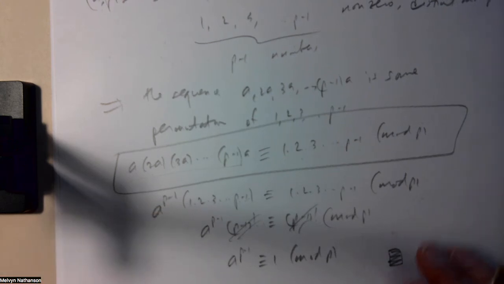So that is a proof of Fermat's little theorem. And it is extremely important in cryptography, in codes.